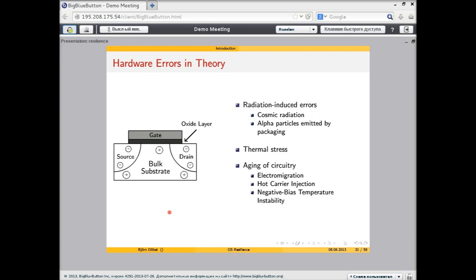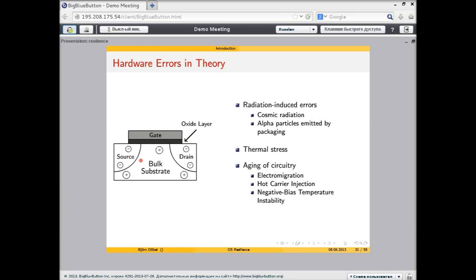And if electrons pass through this metal when a current flows, then they may push certain atoms in the connector out of their position, and this creates holes in the connector. And if there are holes, then no current can flow anymore because there are no electrons available anymore to carry the current. So you basically end up with a wire that is not able to transmit current anymore. And this effect is called electromigration.